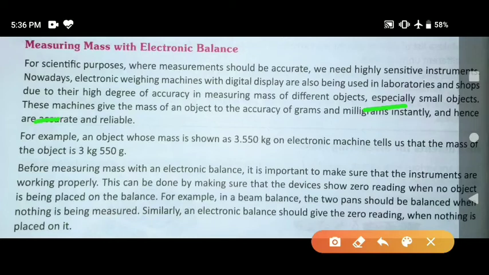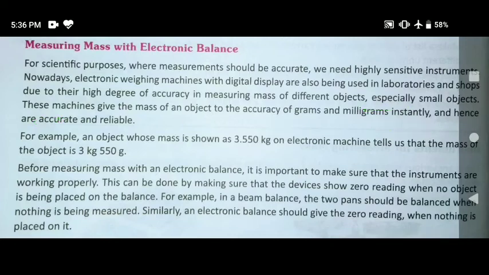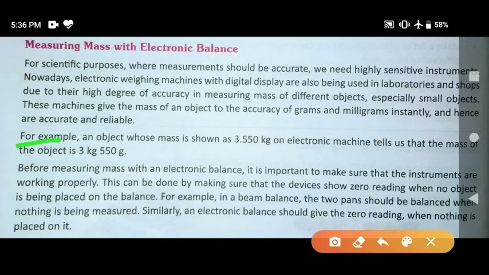This machine gives the mass of an object to the accuracy of gram and milligram instantly, and hence these machines are reliable also. For example, if an object's mass is shown as 3.550 kg on the electronic machine, it tells us that the mass of the object is 3 kg and 550 gram.